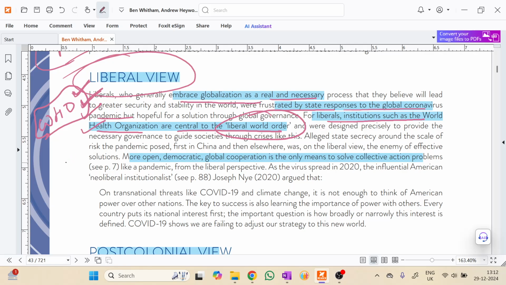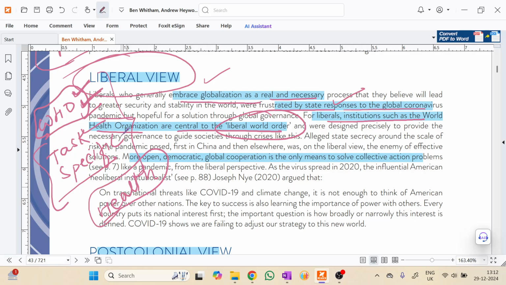Many such organizations are working on specific tasks, and they need to be given a free hand during times of crisis. This is what has been observed by the liberalist view, and that's why they were so frustrated with the state responses, because a simple health crisis should have been dealt with ethically, as WHO, the World Health Organization, has been tasked to deal with such medical health issues.